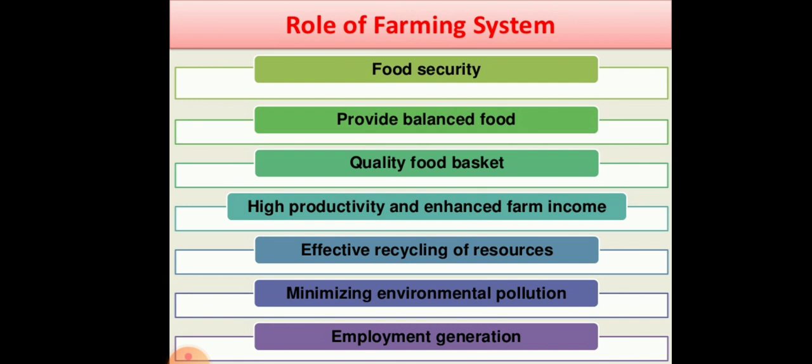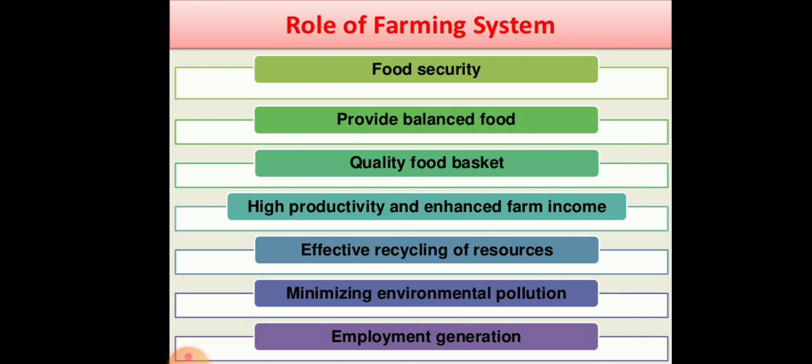Nagtanim siya ng gulay pero na-wash out kasi nagbagyo, nag-alaga siya ng manok, at least he has a sustainable income kasi may sasalo sa kanilang livelihood. It's not a monoculture or iisa lang ang way of living. At least we have integration of both animal and crop production to support each other. So that is one way of having a high productivity and enhanced farm income of a farmer.